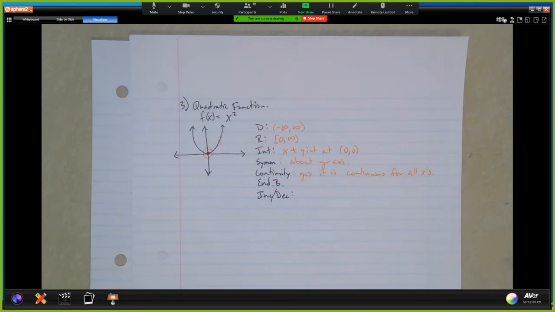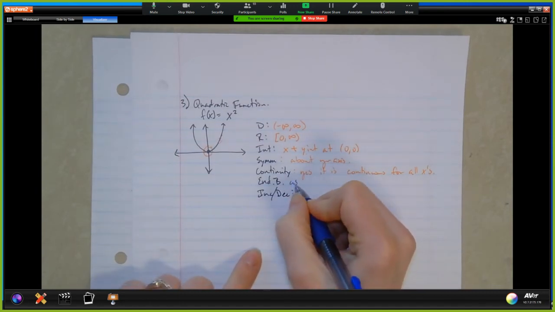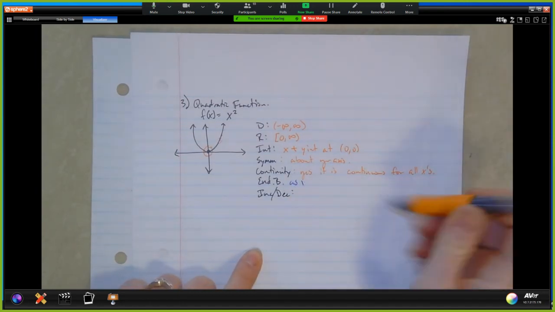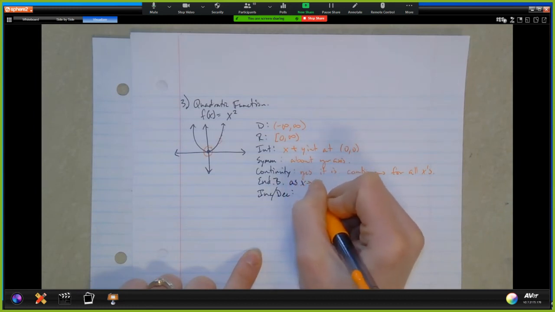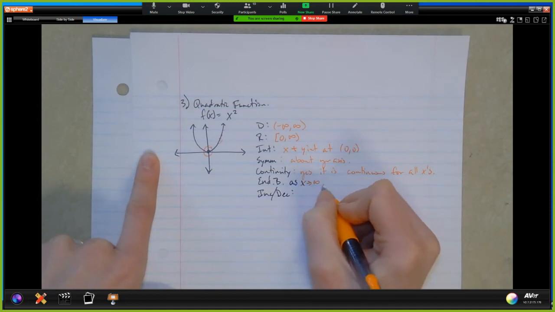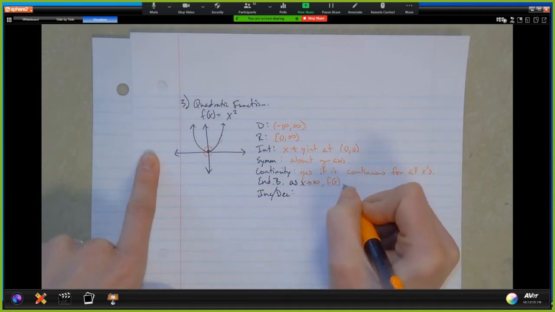Okay, and behavior. Oops, I crammed myself. I got excited. I can still make it fit. As, well, that's going to bug me. Why did I switch colors? As x goes to negative infinity, where does our graph go this time?